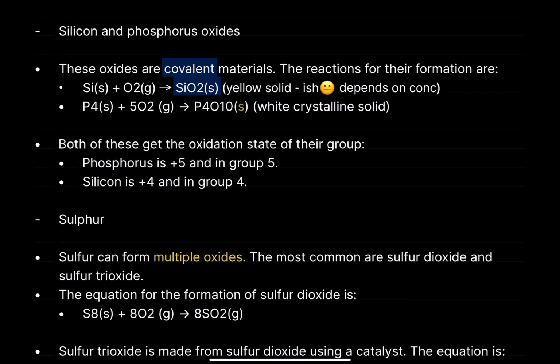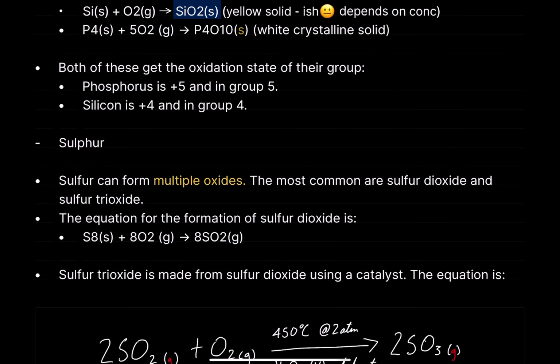Now sulfur is the odd one out in terms of the fact that it has multiple oxidation states. Sulfur can form multiple oxidation states, and there are multiple types of molecules of sulfur, but the most common are sulfur dioxide and sulfur trioxide. And now the equation for the formation: sulfur by itself is S8. So S8 plus 8O2 goes to 8SO2, and sulfur trioxide is made from sulfur dioxide using a catalyst.